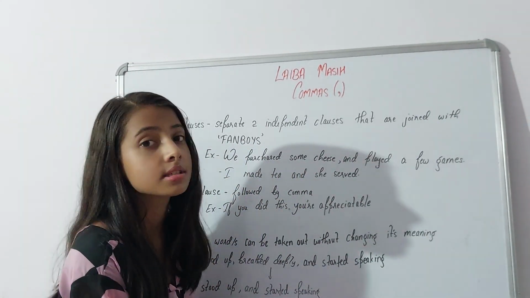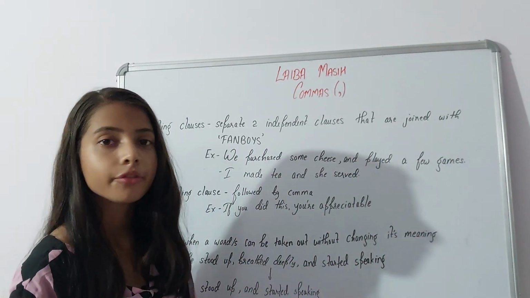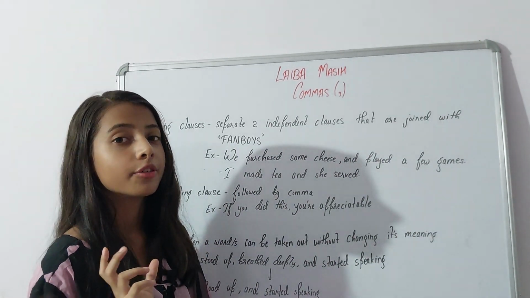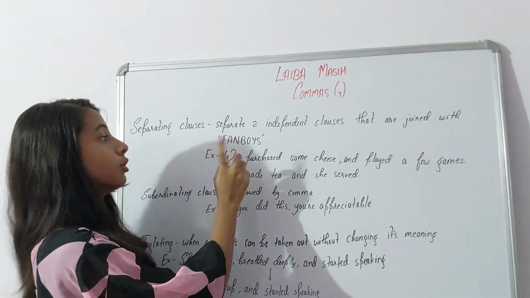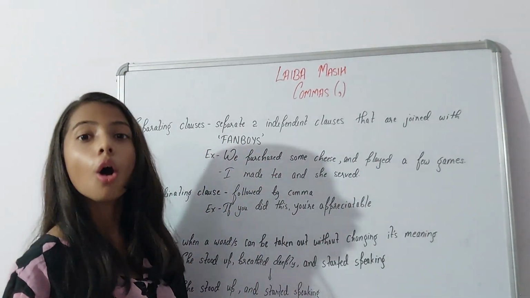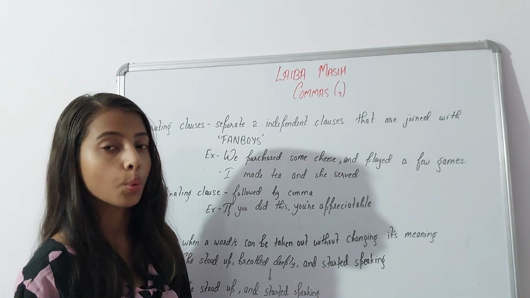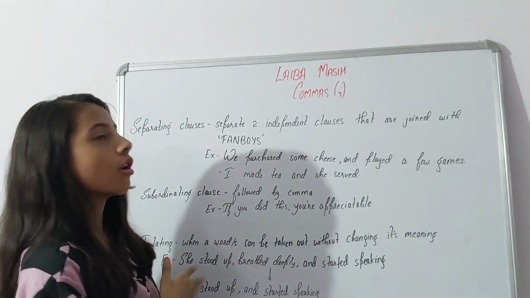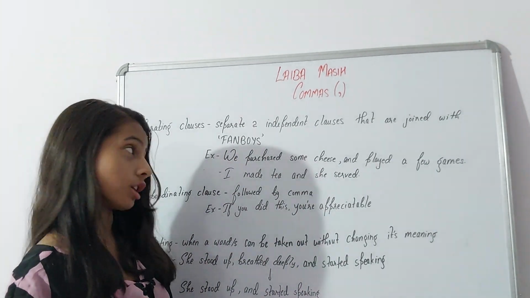Now many of you must ask, what are fanboys? So here fanboys is an acronym for for, and, nor, but, or, yet, and so. So this is an acronym, just a short form for all these conjunctions.